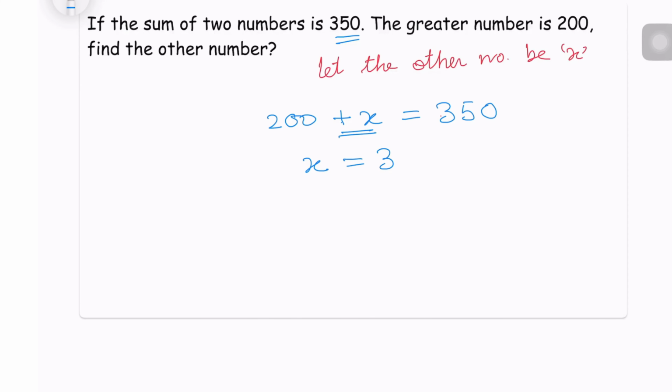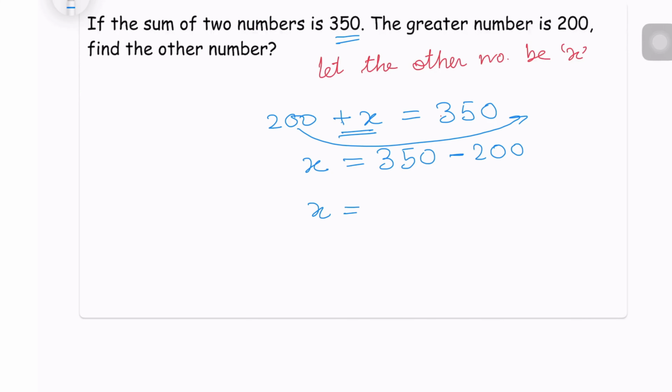As the rule suggests, if we move anything to the other side of the equal sign, the sign changes. So here nothing is written, which means it is plus, and when it goes to the other side of the equal it will become minus.